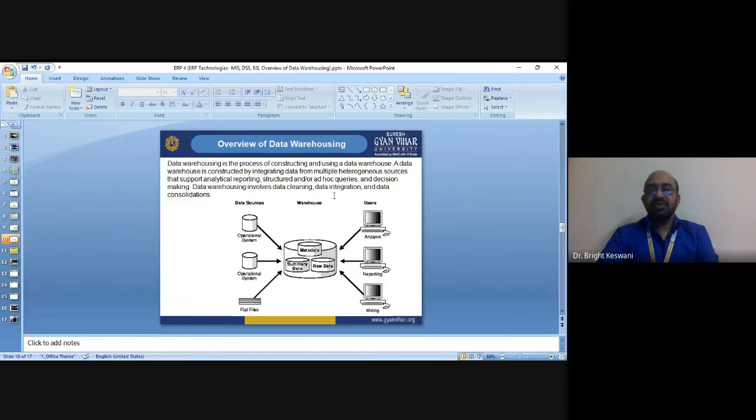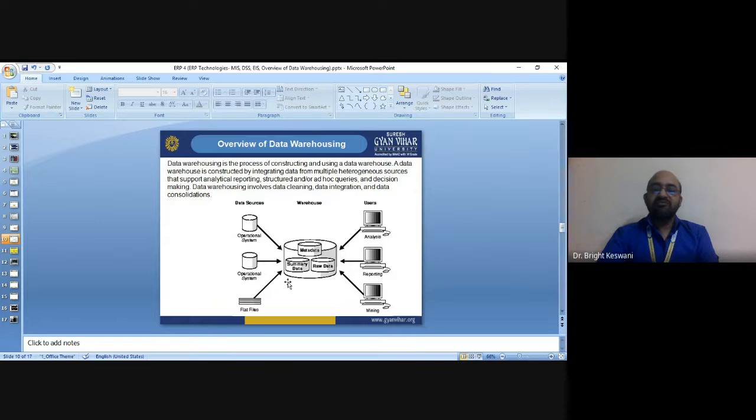So, this is the simple architecture. You can have an idea about data warehousing from this diagram, where a data warehouse is in the center part of the system, where metadata and summary data and raw data are used, and data comes from various data resources like operational system 1, or some files.